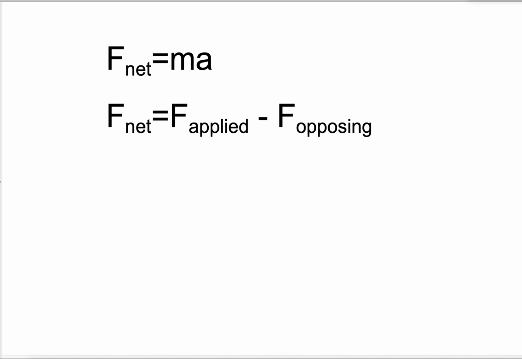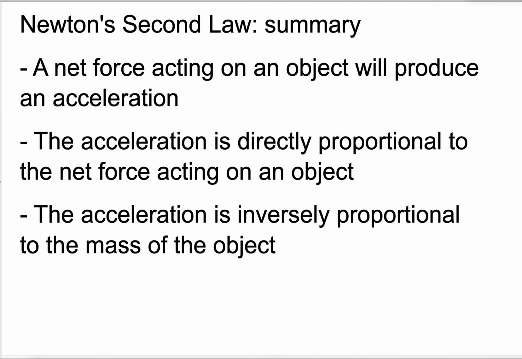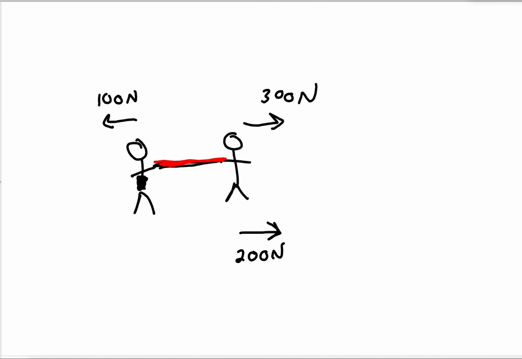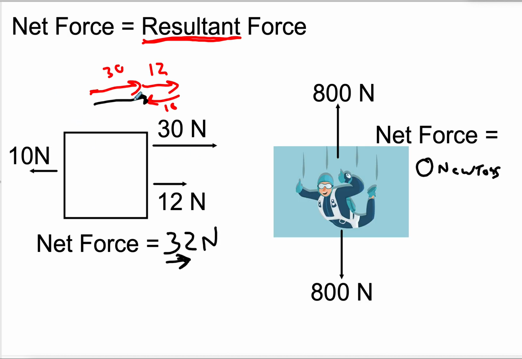Let's go back to this slide right here. When we look at this situation with the box, these two forces, since they're bigger than the one on the left, will end up being applied forces. This one will end up being an opposing force. Why? Because these two forces are going to pull the box to the right, so they're making it go faster, and this force is just making that box go slower.